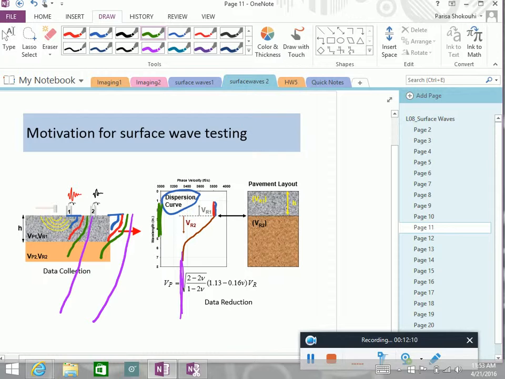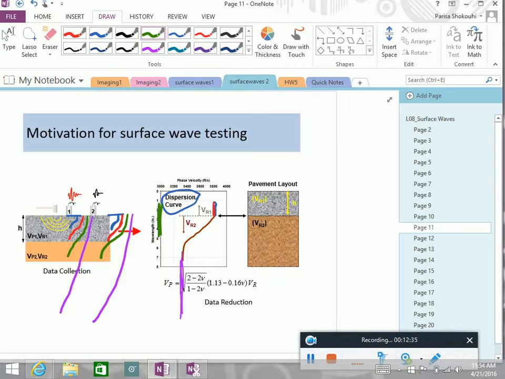So Rayleigh waves are not dispersive in a half space, but if you have a layered medium like what we have here, then you see that the velocity changes. The curve here is velocity versus wavelength, or it is velocity versus frequency.